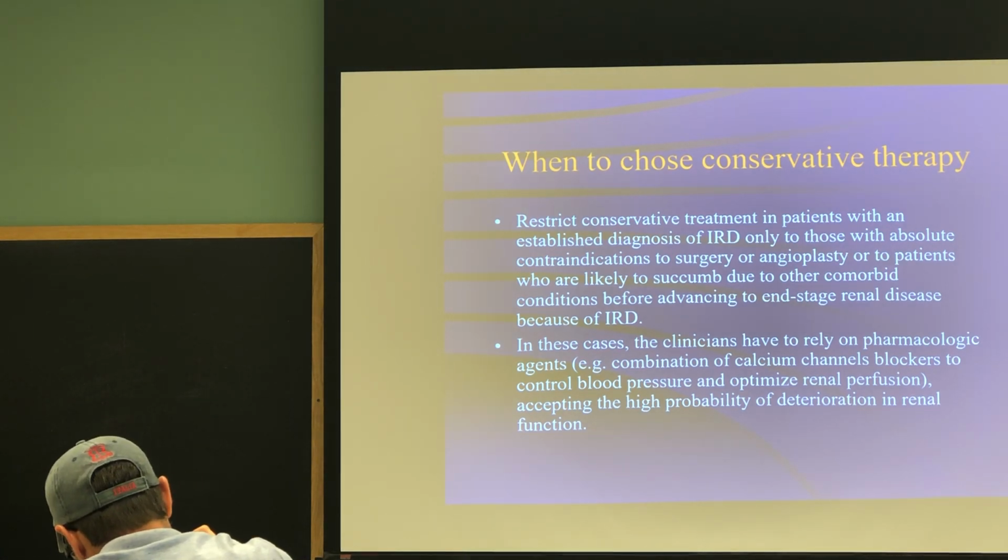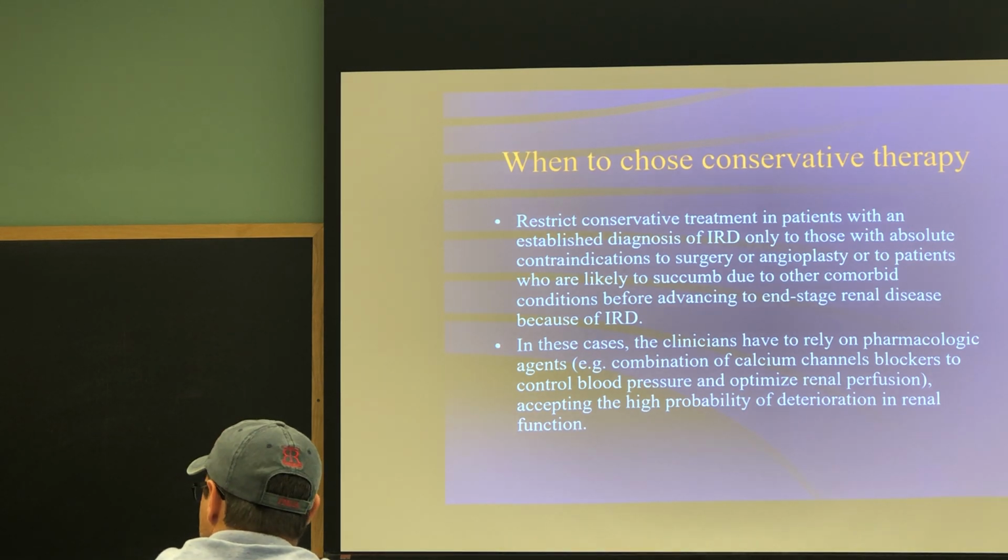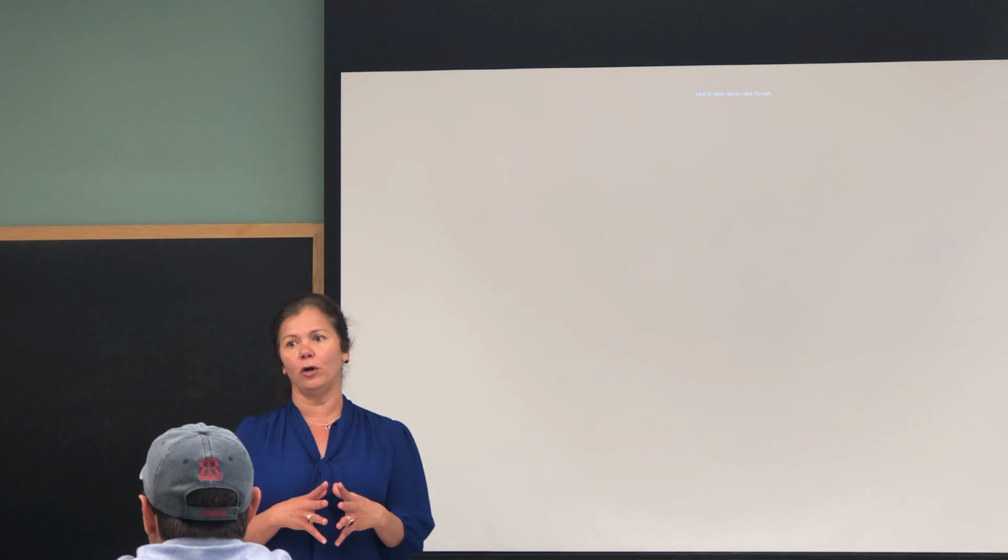But again, remember, have in mind all the time that even with unilateral renal artery stenosis, since you don't know exactly what stage of the disease the patient presented with, patients can have a high deterioration of renal function, okay? So the message is, yes, give ACE inhibitors and or ARB in unilateral renal artery stenosis.